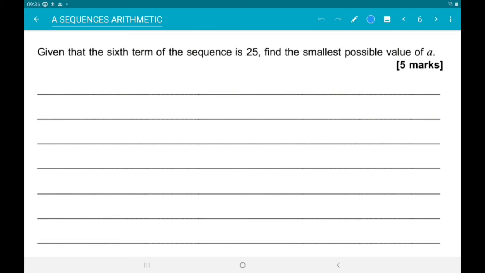So the sixth term is a plus 5d. And we know that is 25.